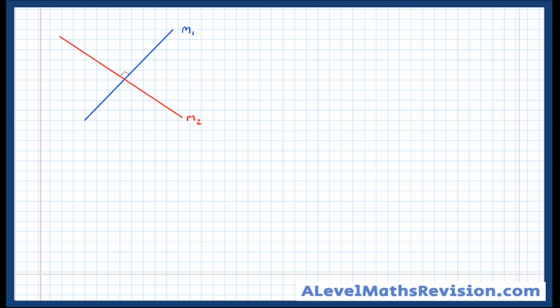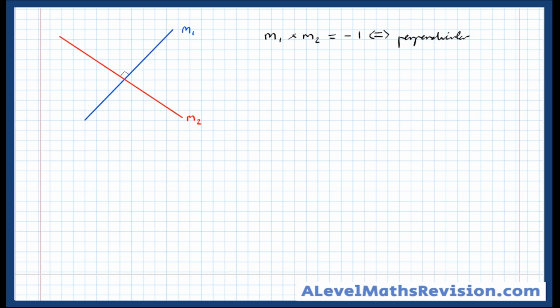Now there's a rule to do with gradients: two lines are perpendicular if and only if the product of their gradients is minus 1. And if the product of their gradients is minus 1, that means they're perpendicular.